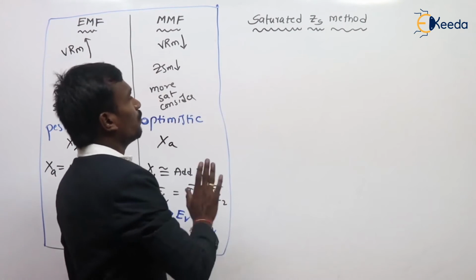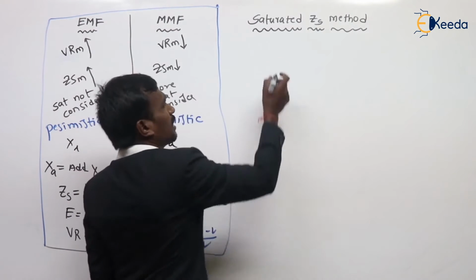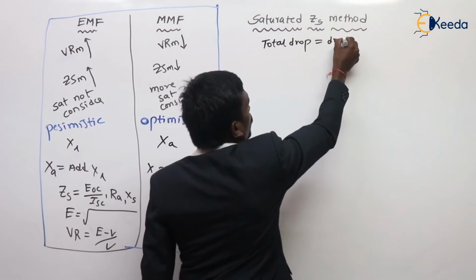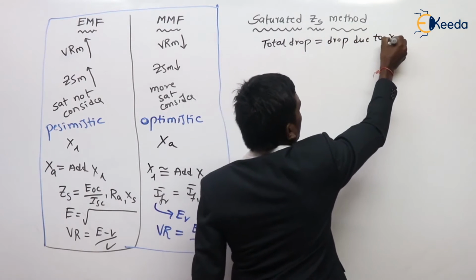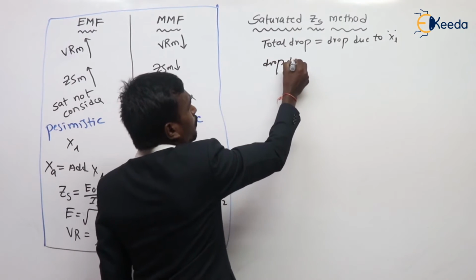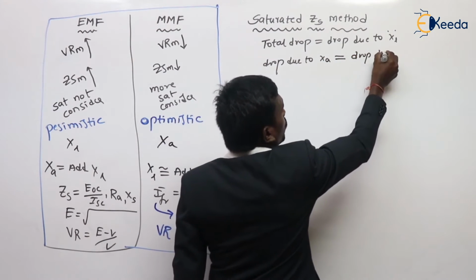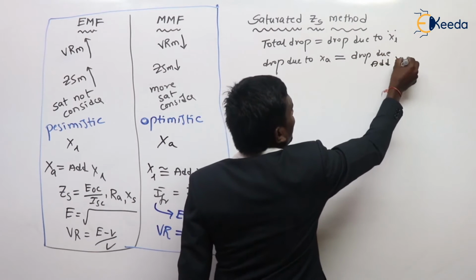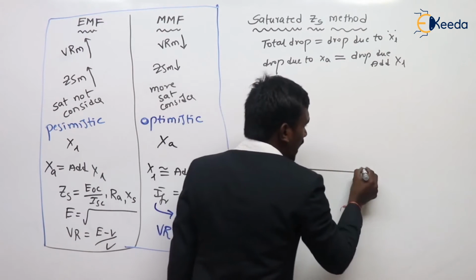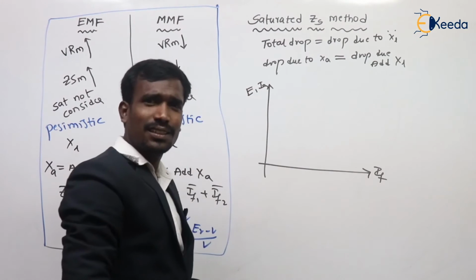So let's go to the saturated synchronous impedance method. In this method also, the total drop is equal to the drop due to XL, same, and the drop due to XA is considered as the drop due to additional leakage reactance, same. Here also we require the OCC and SCC characteristics.